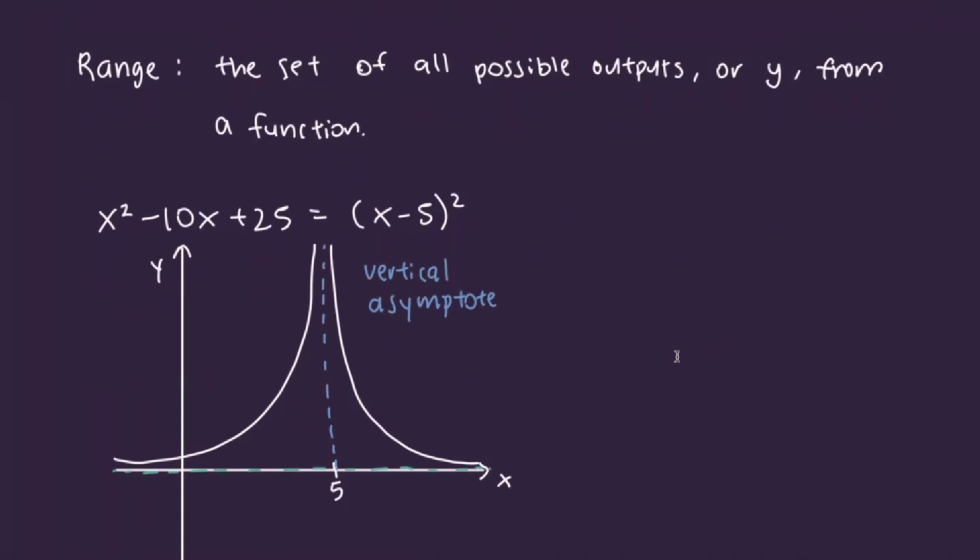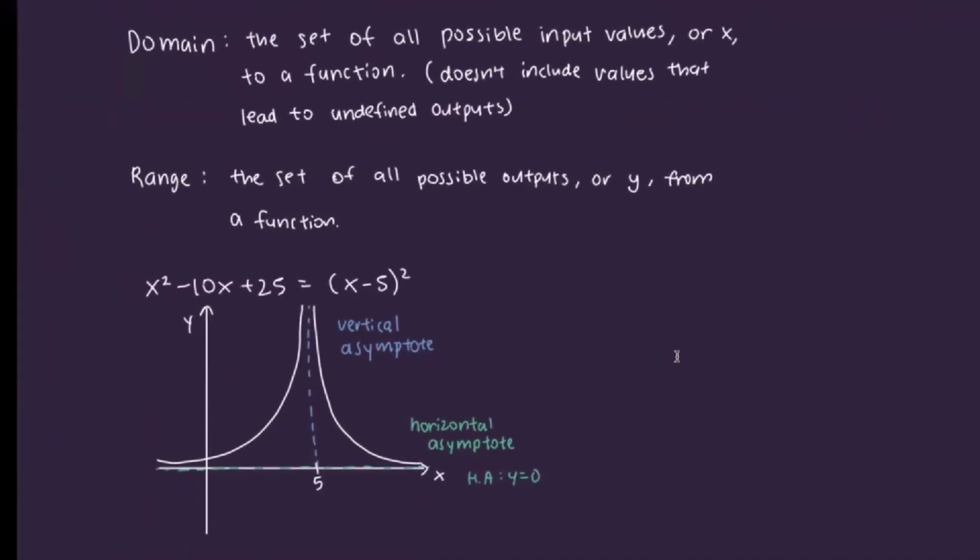This is called the horizontal asymptote. So here, our horizontal asymptote, HA, is equal to y equals 0. This means that the range of the function is all positive real numbers. So that is domain and range.